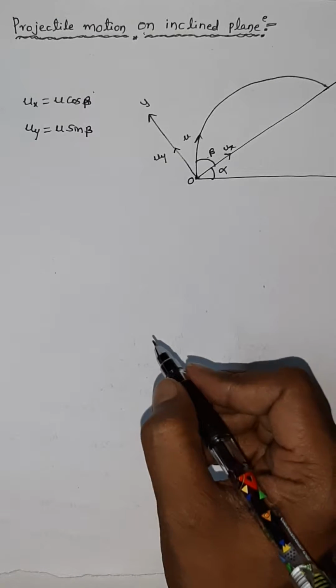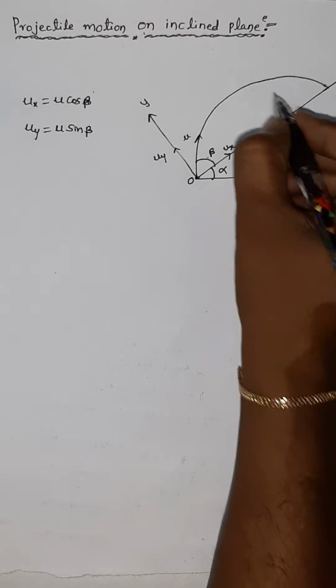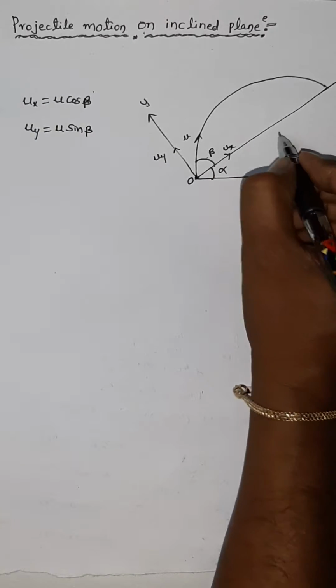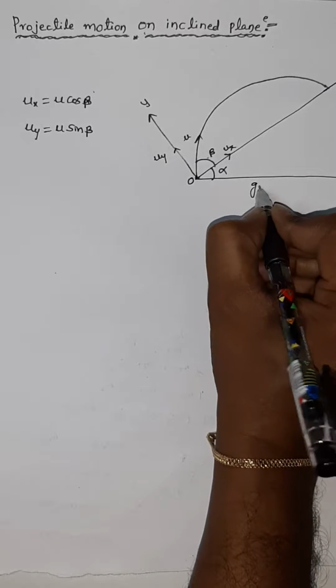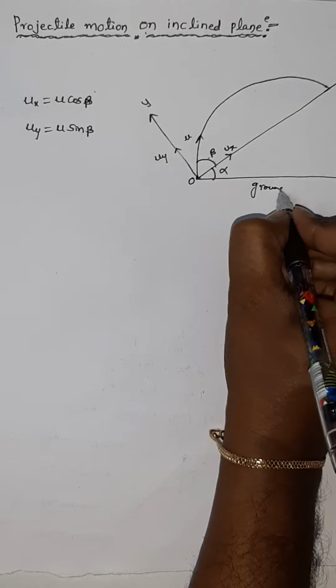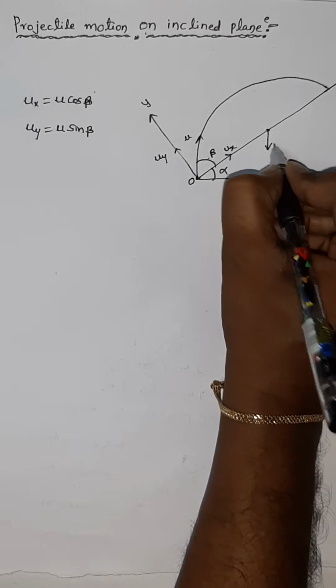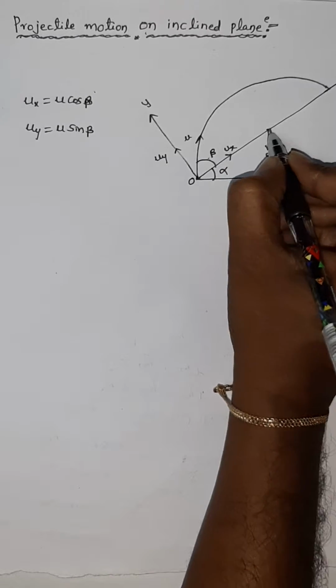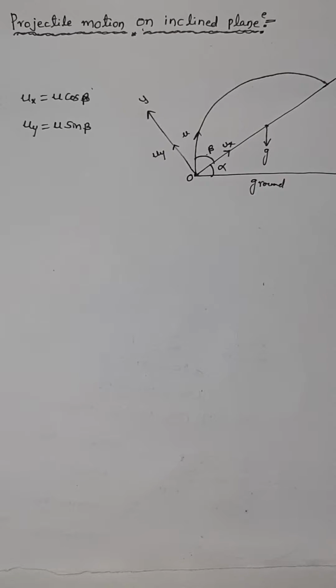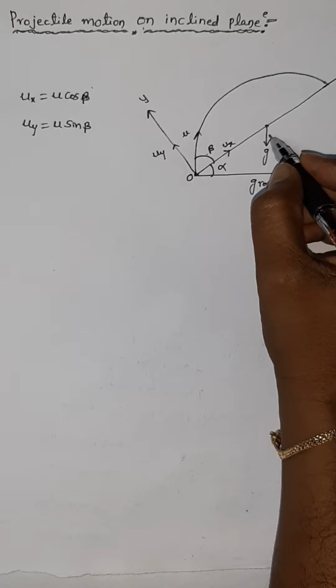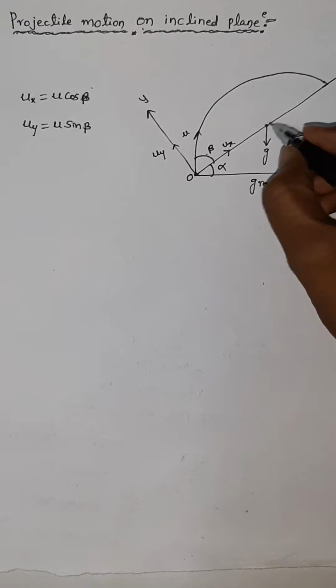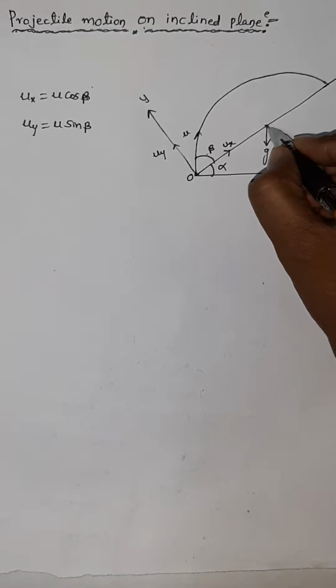And we know gravity everywhere acts vertically downwards, and here this is the ground. So gravity acts vertically downwards. So resolve the gravity into two components.